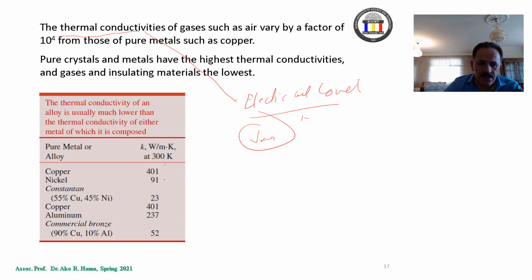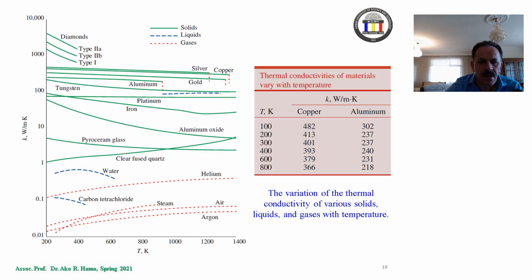So we talked about thermal conductivities, and here's another table. These are all values that have been found in the labs. Also, here's the conductivity of the gases with temperature. We say that at a specific temperature, there will be a change in the conductivity. For example, for copper, the conductivity differs if the temperature was 100 Kelvin or 200 Kelvin.